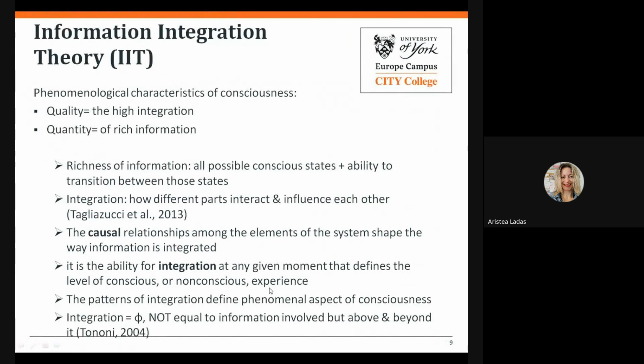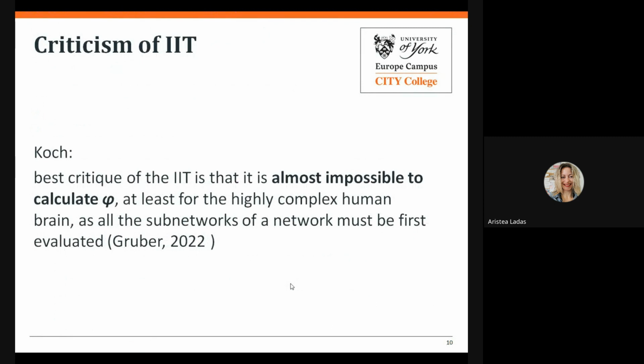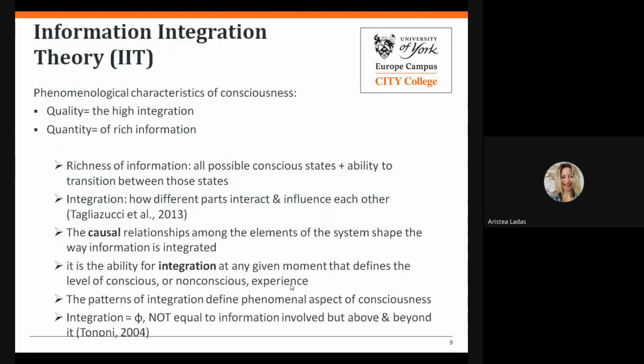Information integration theory makes an amazing effort to also assess the qualitative subjective aspect of consciousness. They have suggested a certain value, which is called phi, through which you measure the ability for integration at any given moment for a specific brain.